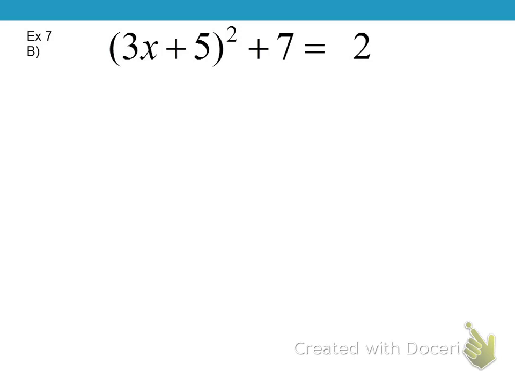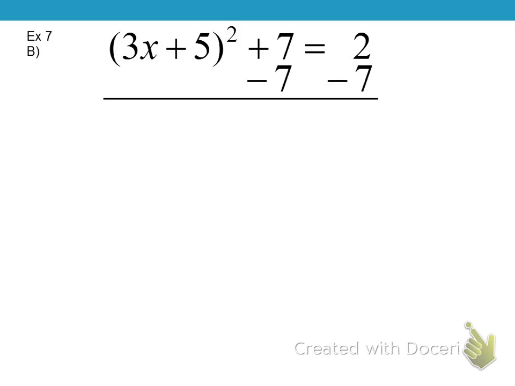Now, notice how this is example 7b. We don't have this one, so you can make a spot for 7b. Just make a spot for example 11. All right, how should I start this?